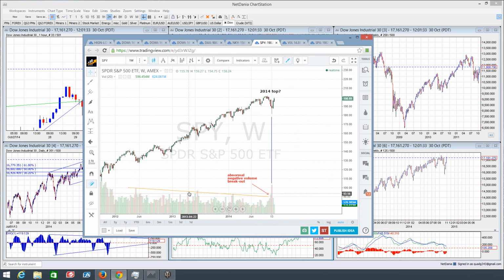So again, we see a little bit different than the rise into 2007. We see the volume trickling down, but it's consistently moving to the downside. And now we see this abnormal spike on this move to the downside. So if we see a higher high or not, you can see how the volume is trickling to the downside the last couple weeks.